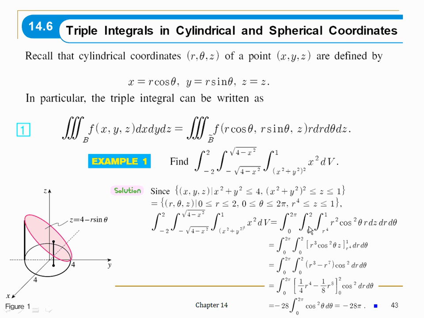We do the integration for r next, and theta last. Then this can be integrated in this way, and this simple integration gives us minus 28 times the integral from 0 to 2 pi of cosine squared theta d theta, which is minus 28 pi. That's the integration of x squared in this region.